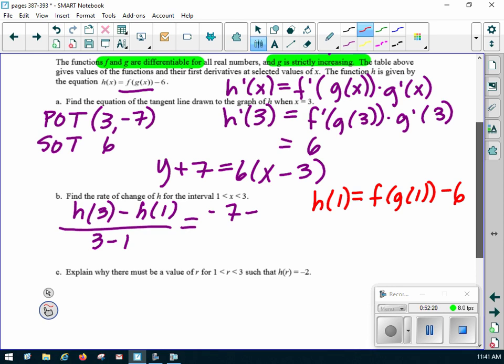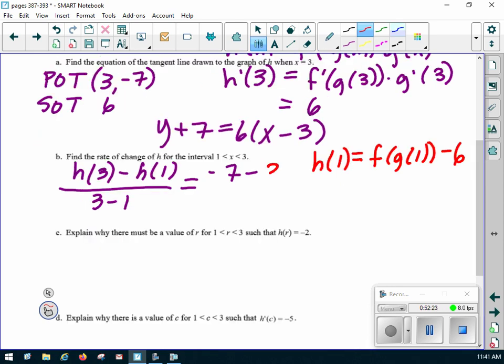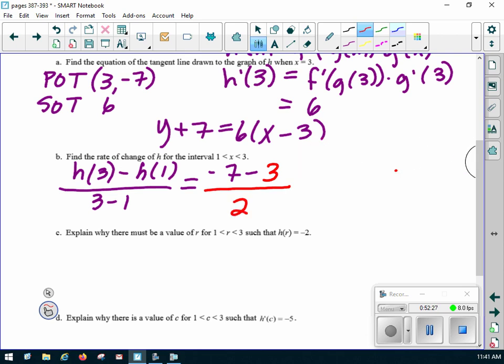You got 3? Yep. That's the average rate of change over that interval. That's all it's asking.